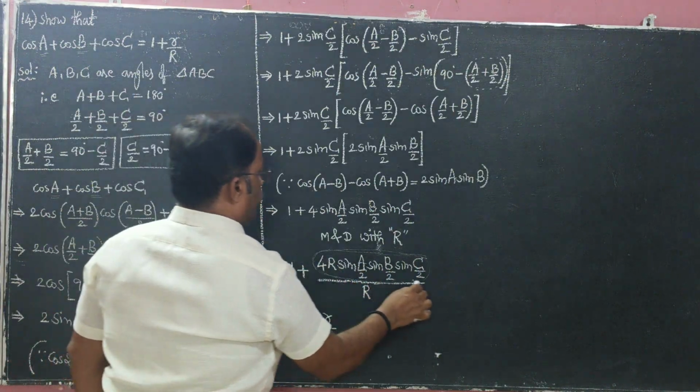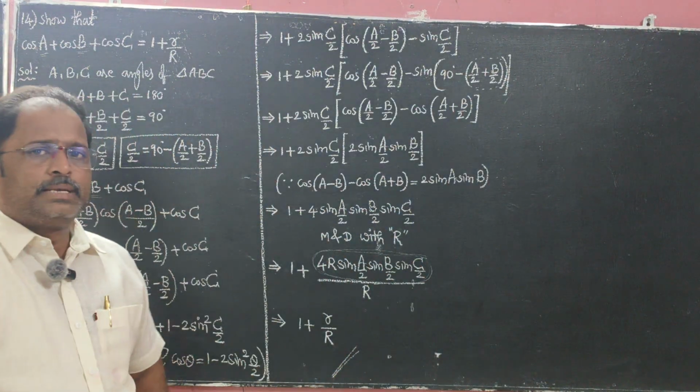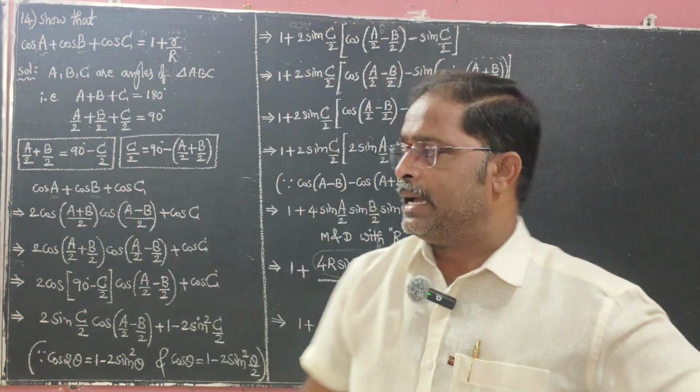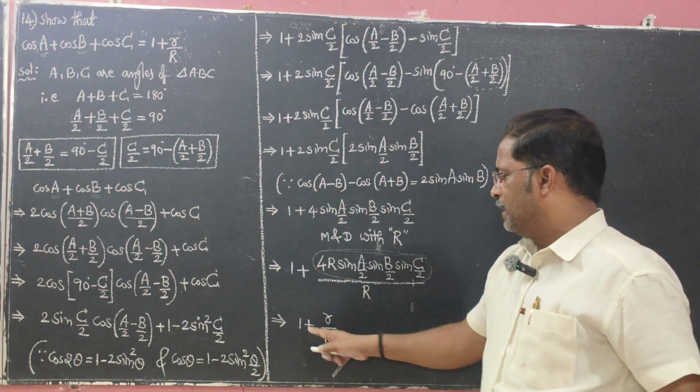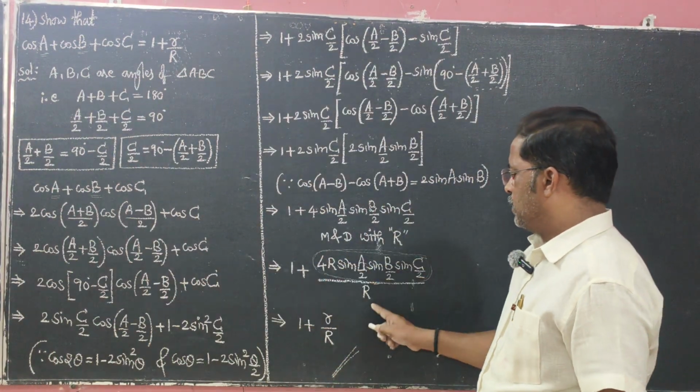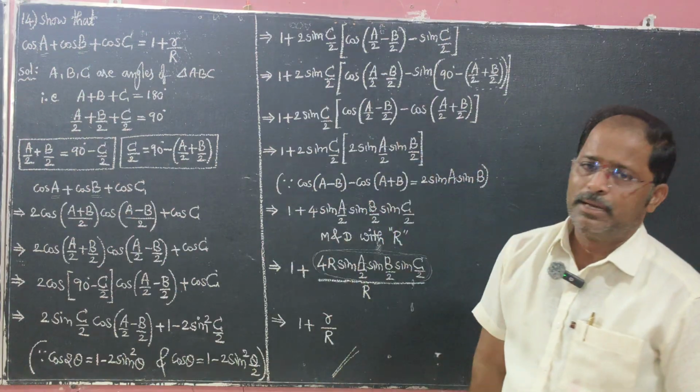Small r is 4R sin a by 2 sin b by 2 sin c by 2. So that means 1 plus small r by capital R, the required answer.